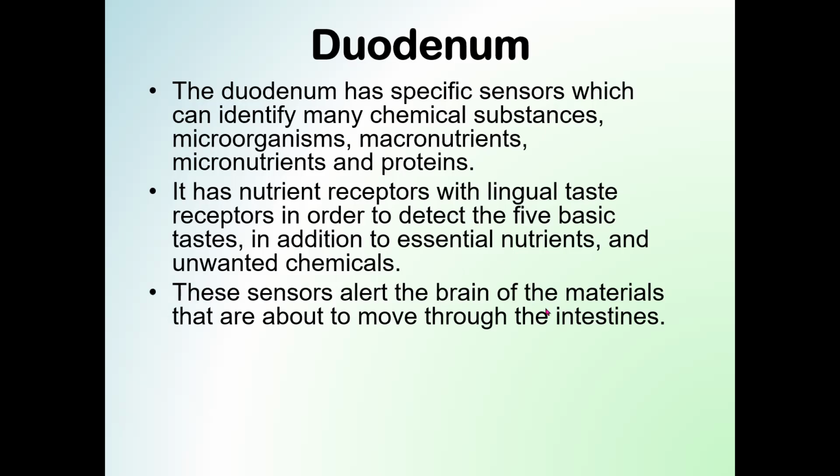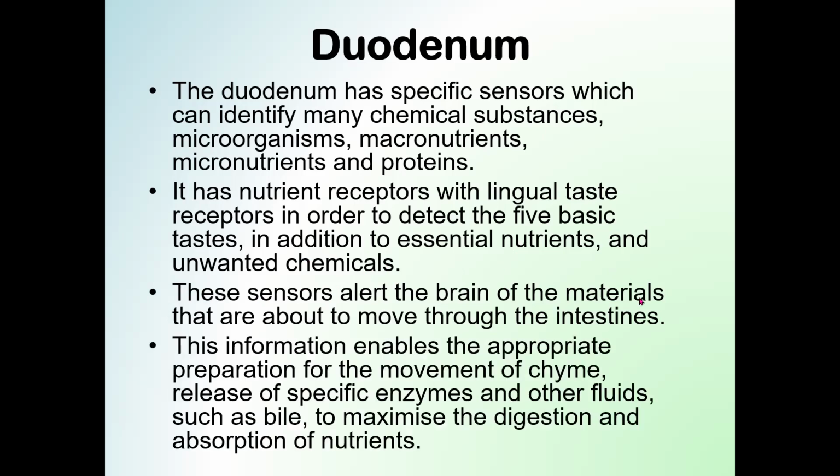The sensors alert the brain about what's coming through the intestines, and then as the chyme moves, specific enzymes and various fluids come through to break them down into tiny little parts of the nutrients, which are then absorbed.